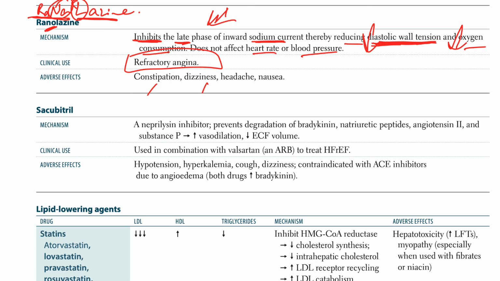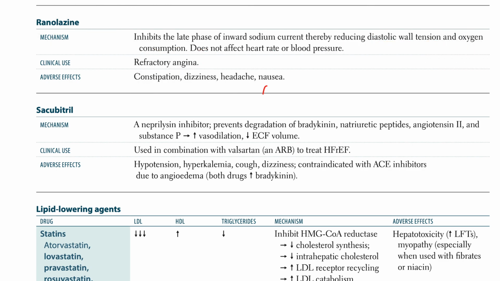Adverse effects are constipation, dizziness, headache, and nausea. Mechanism is important here, and that is all for ranolazine. Summary: ranolazine, Na for sodium, L for late, and that is it.